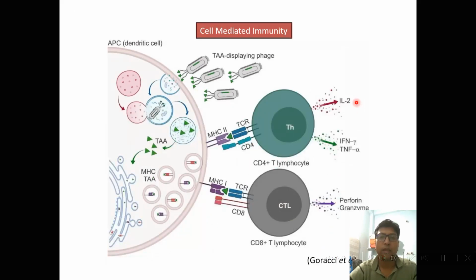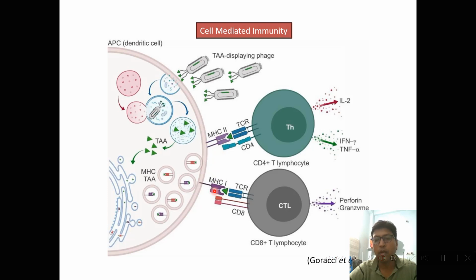If we are talking about cell-mediated immunity, the phages provide different peptides. These peptides form vesicles inside, and there is formation of the endogenous pathway of antigen. These antigens get expressed outside with the help of MHC1 and MHC2 molecules.